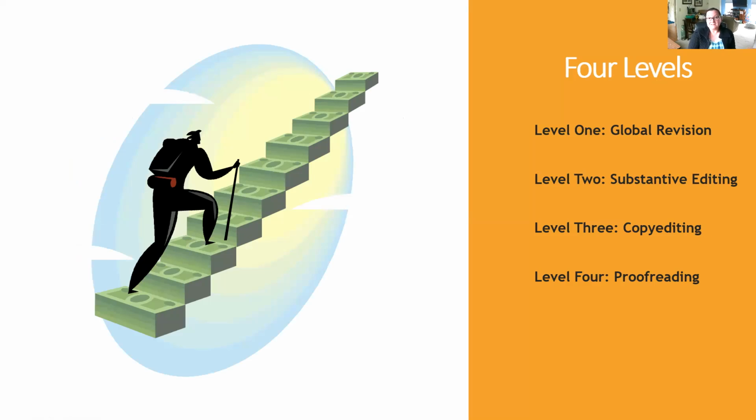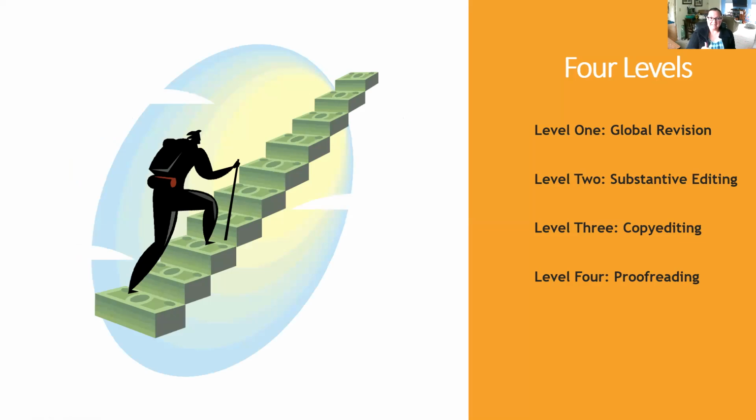Level 1 is the global revision, where we're dealing with big issues, big problems. Level 2 is what we call substantive editing. Level 3 is copy editing. And level 4 is proofreading, which is, as I said, where most people begin and end their revision process.